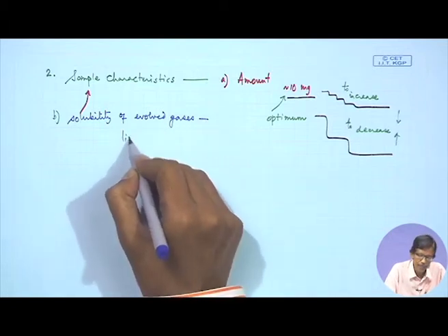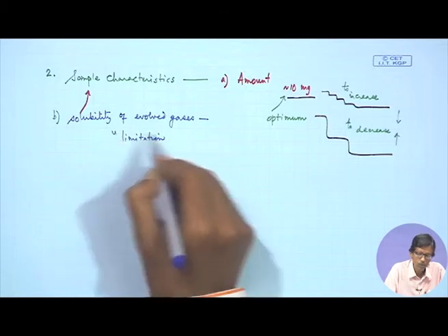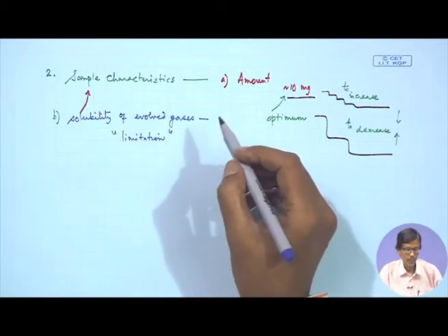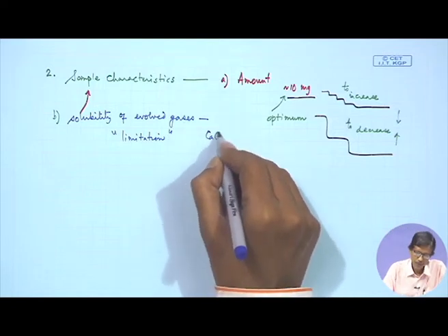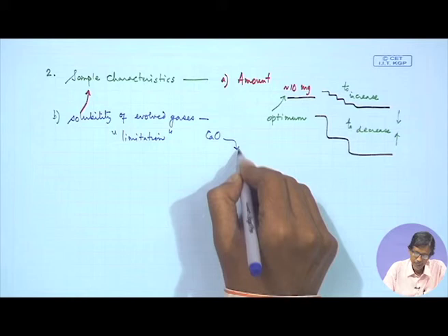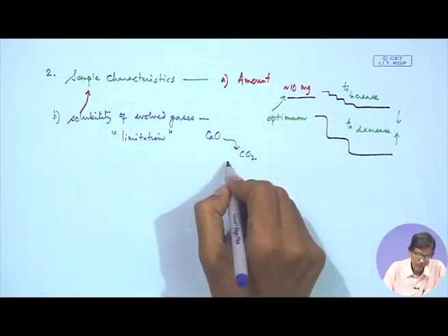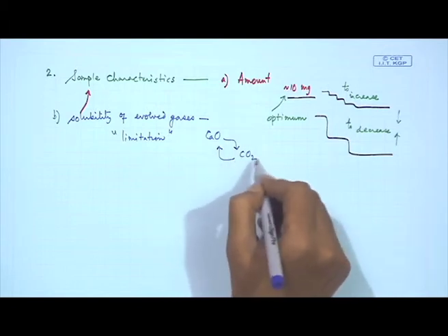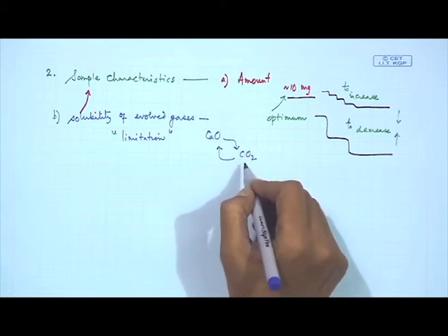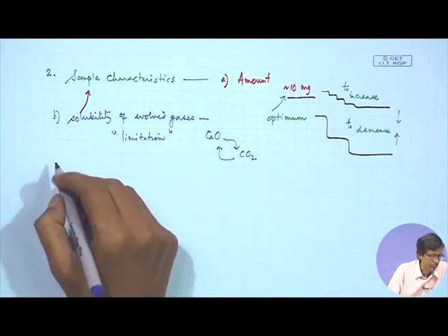So, it is basically a limitation for the process, and we should be very careful to see whatever gas is coming out. Suppose calcium oxide is forming by the elimination of carbon dioxide from calcium carbonate, but if this calcium oxide is soluble in this particular gas, we get something in a different form, that means calcium oxide will still be there and we will not be able to see the weight change.